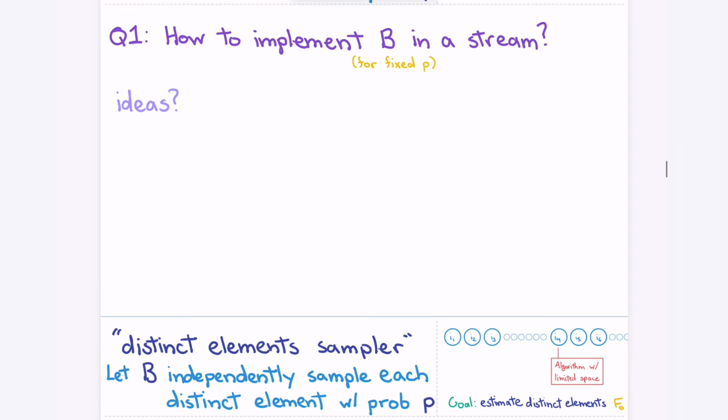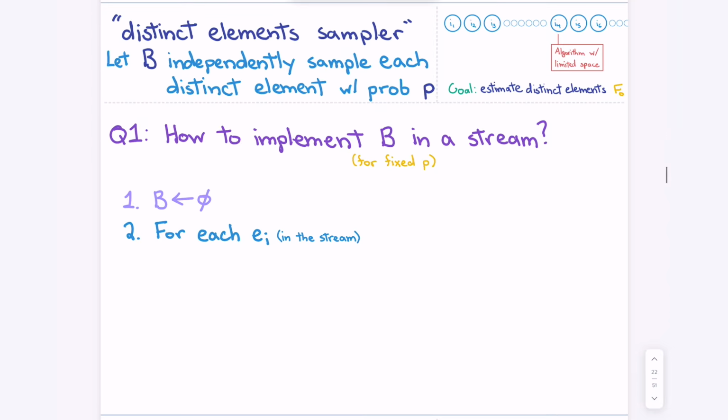Okay, so here's maybe a natural start. You start with an empty set B, and for every element e_i, if e_i is not in B, meaning you haven't sampled it yet, then with probability p, add e_i to B. That certainly seems like what you should do on the first iteration, right?